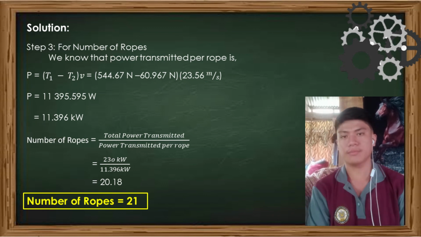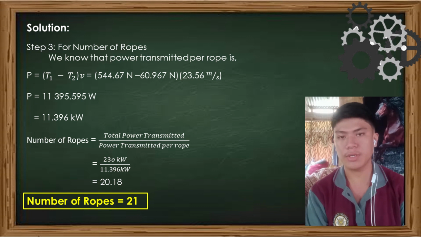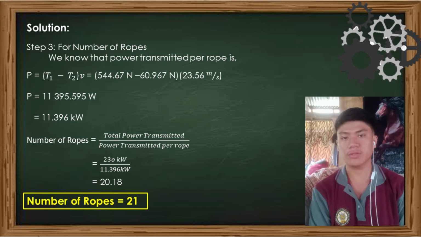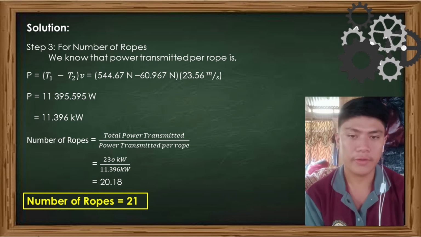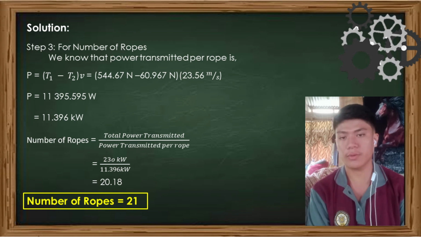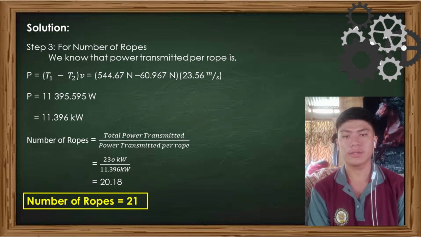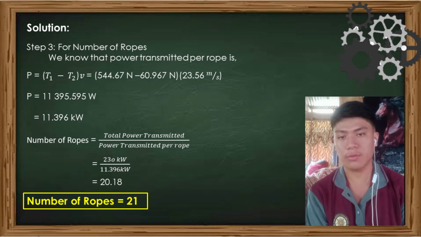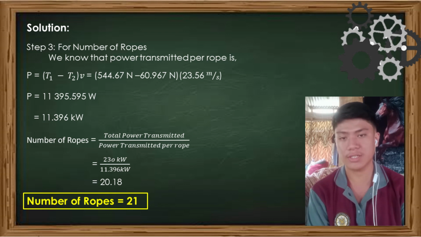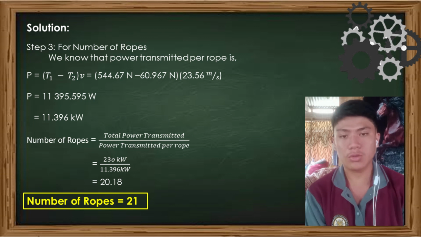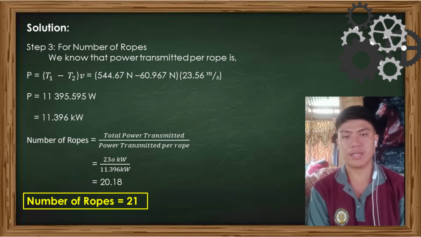For the last step, the number of ropes is calculated using the formula total power transmitted over power transmitted per rope. For the power transmitted per rope, we have P is equal to T1 minus T2 times V, where the calculated T1 is 544.67, T2 is 60.967, and V is 23.56.